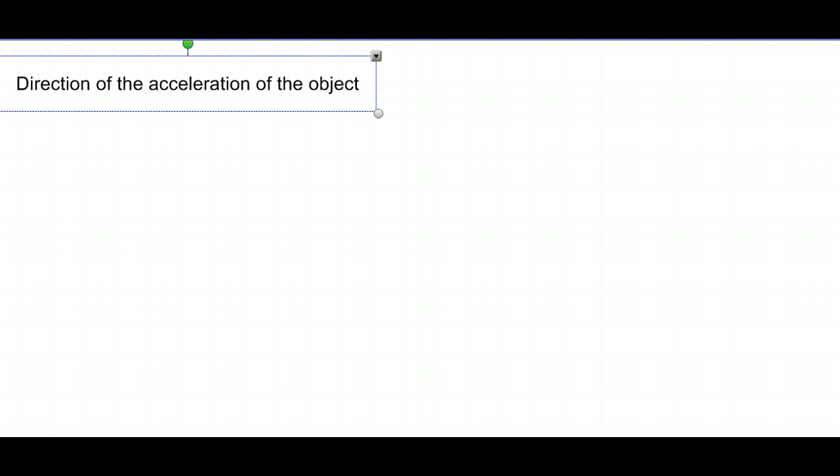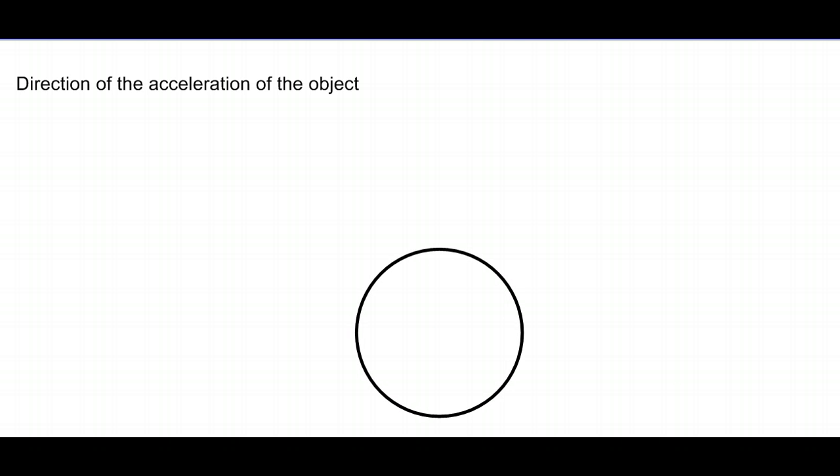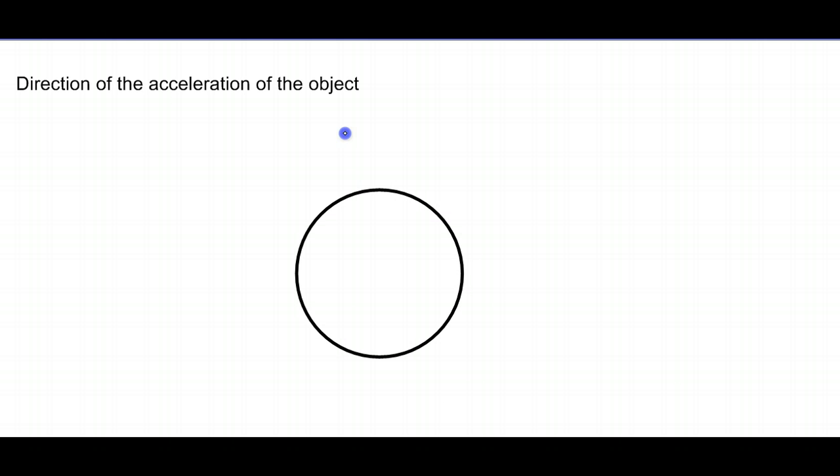Now, if we have an object going around in a circular path, the other really important thing that we need to understand is the direction of our acceleration. And so let's imagine again that we're still going around this way. Our velocity vector is pointed right here, and right here, and right here, and right here.